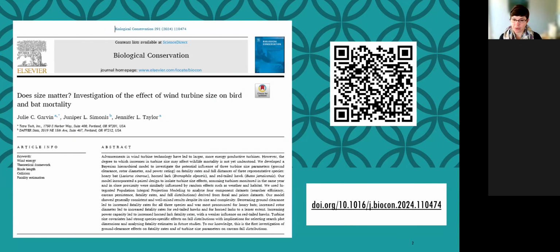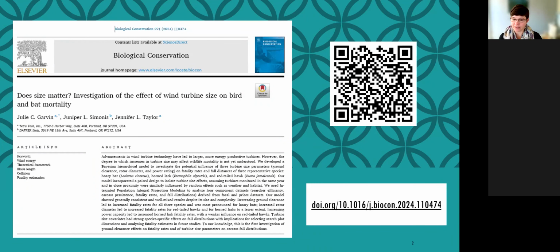And this covered actually 3 representative species, hoary bat, as well as horned lark and red-tailed hawk, as being representatives of species which are typically found as fatalities at wind facilities. We typically group mortality into categories based on how easy they are to find and how fast they're removed.